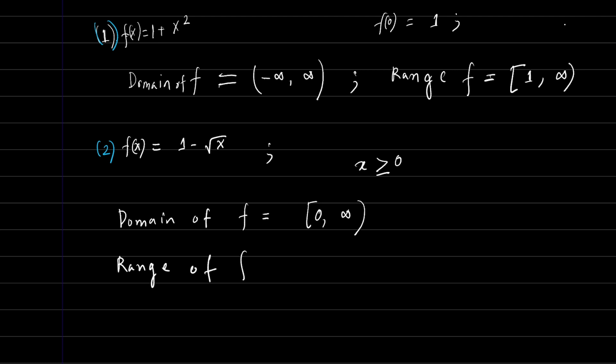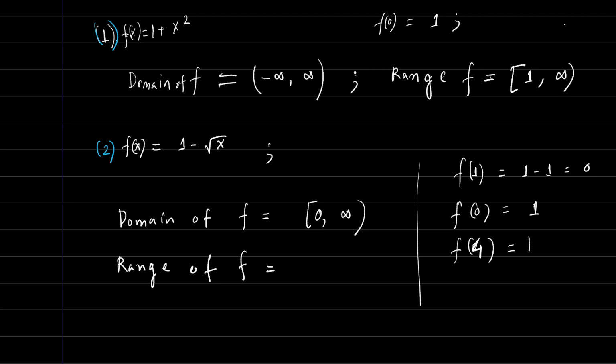Range of f: if we take f of 1, which is 1 minus 1, that's 0. f of 0 is just 1. f of 4 would be 1 minus 2, or minus 1. If we take a really large number like 100, we get 1 minus square root of 100, which is 1 minus 10, or minus 9.